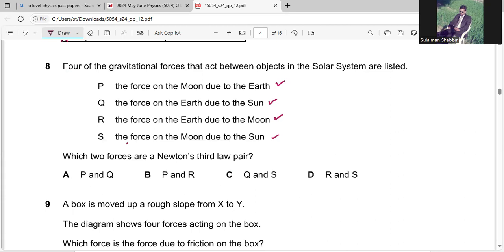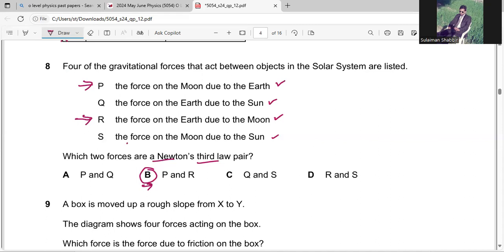Which forces are a Newton's third law pair, action and reaction? If I look at this question, the force on the Moon due to Earth and the force on the Earth due to Moon are the ones that suit us. So option B is the right option.